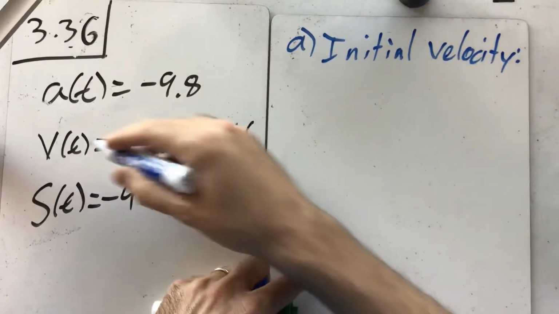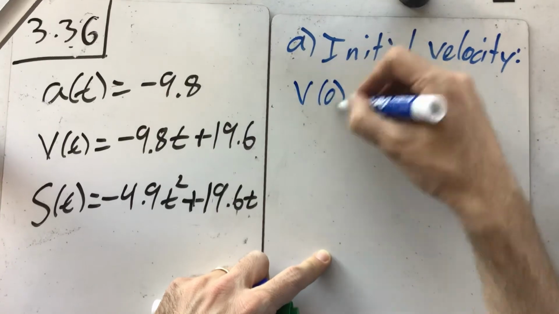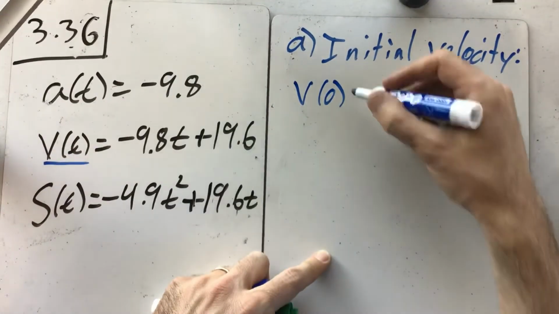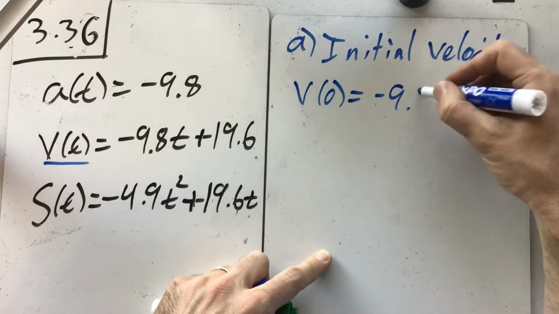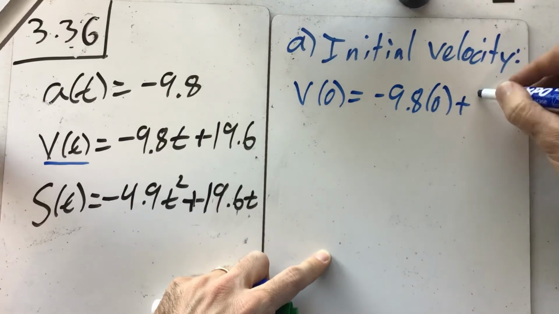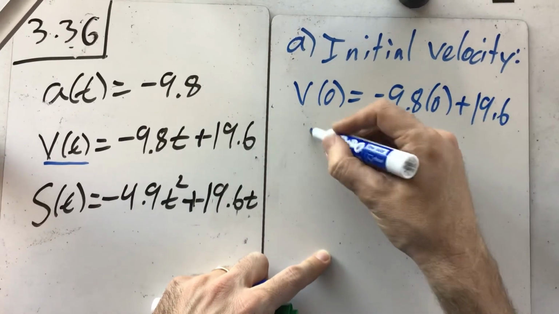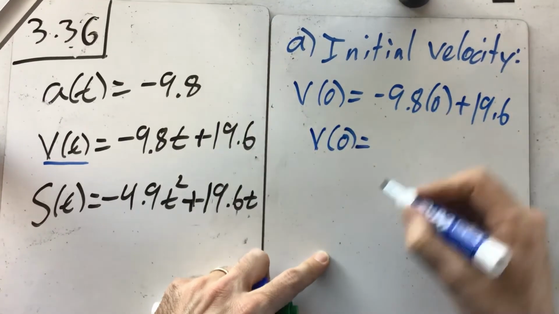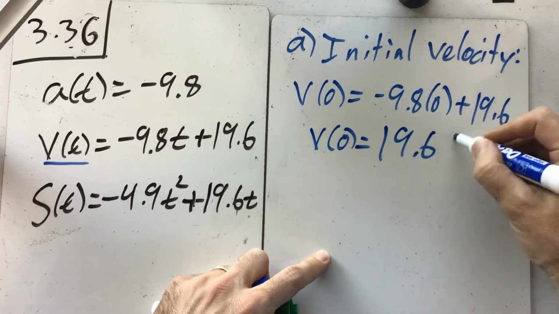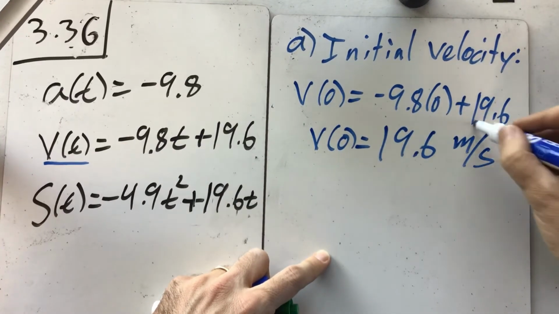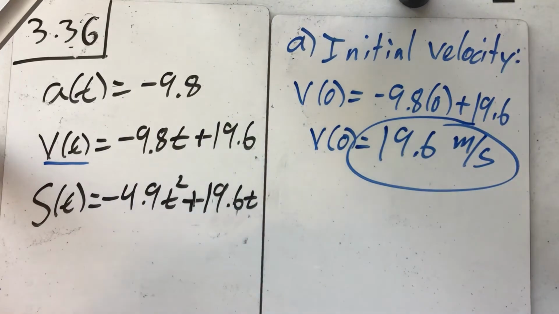Well, initial velocity is just what I get when I put 0 in this velocity equation, and that is just negative 9.8 times 0 plus 19.6. So the initial velocity is 19.6 meters per second. So 19.6 is how fast that ball had to be going initially.